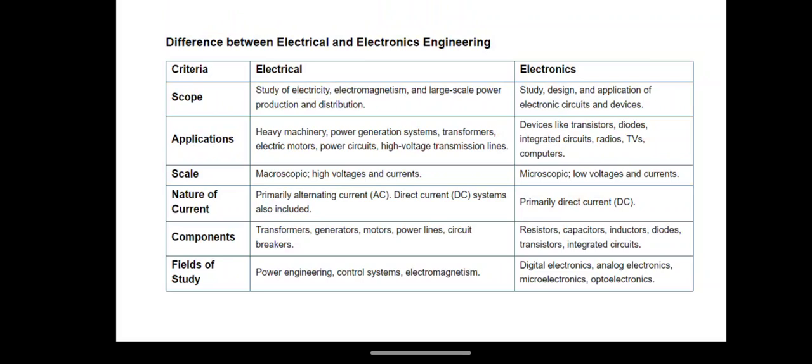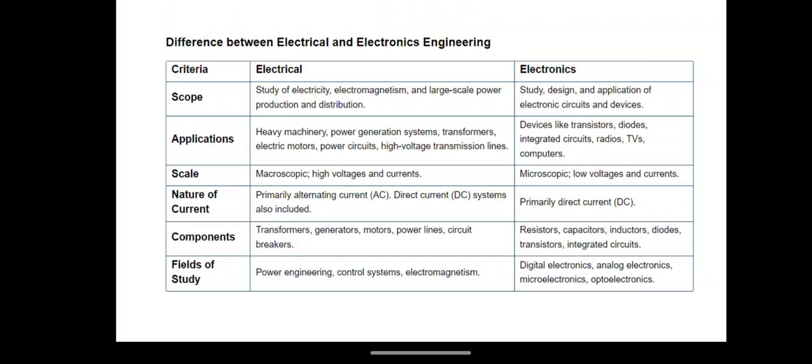For instance, small devices like FM radio, TV, computer, washing machine, refrigerators, mobile applications, they all come under electronics engineering. And when it comes to the scale, electrical is macroscopic. That means high levels of voltages and currents flow through, which we are going to deal with. Whereas in electronics, it's microscopic, which means low voltages and currents.